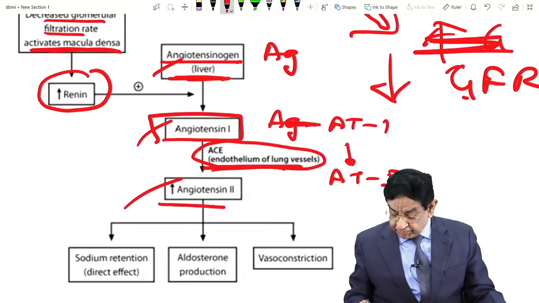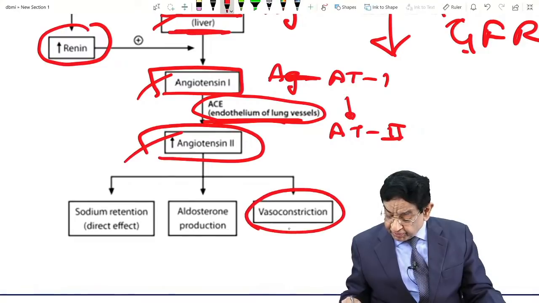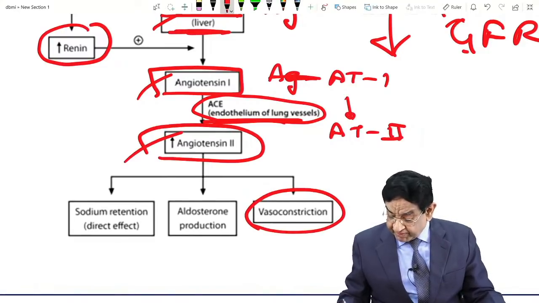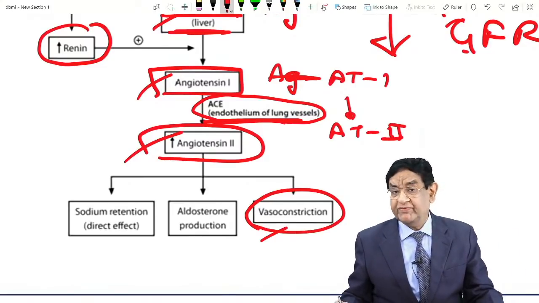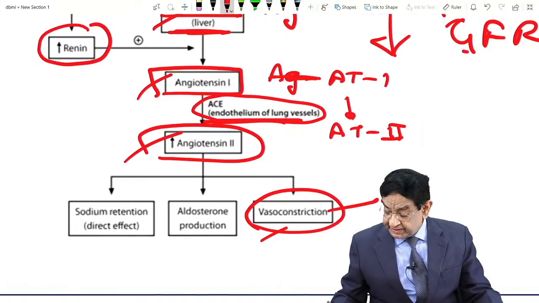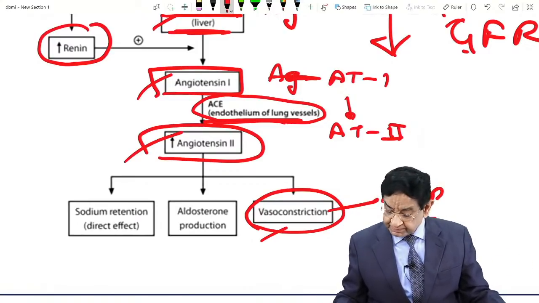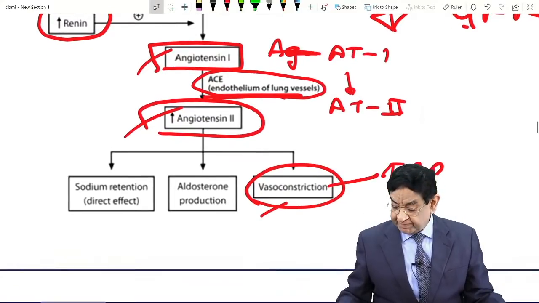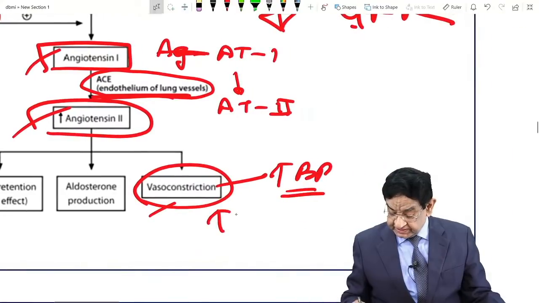Now this molecule is a very powerful vasoconstrictor, and that is going to cause increased blood pressure. When vasoconstriction happens, it is going to increase the peripheral resistance.